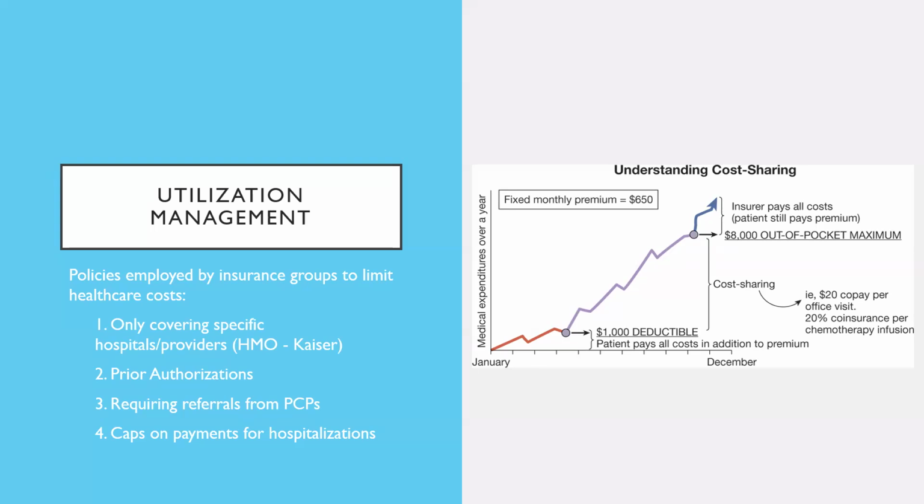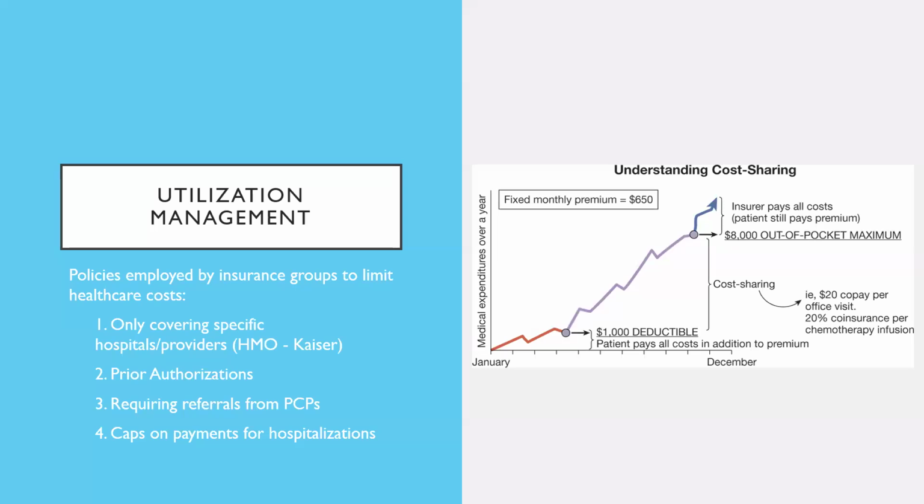And the idea behind this is that patients will have skin in the game and not overutilize the healthcare system. There have been multiple studies that have looked at this by comparing people with lower and higher deductibles and lower and higher copays, and it doesn't really seem to correlate well with utilization.